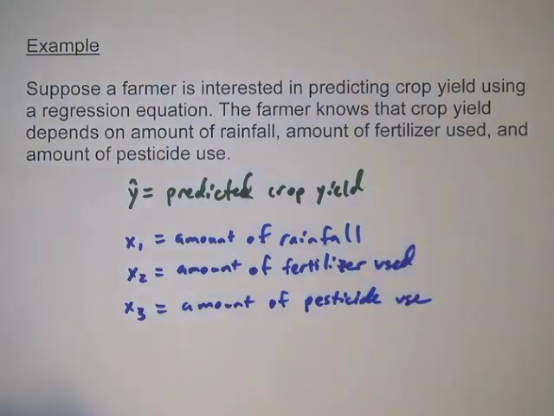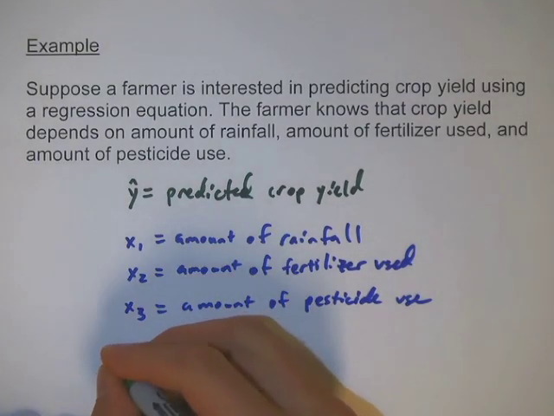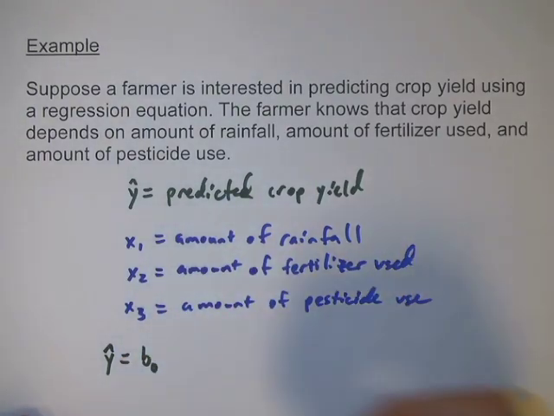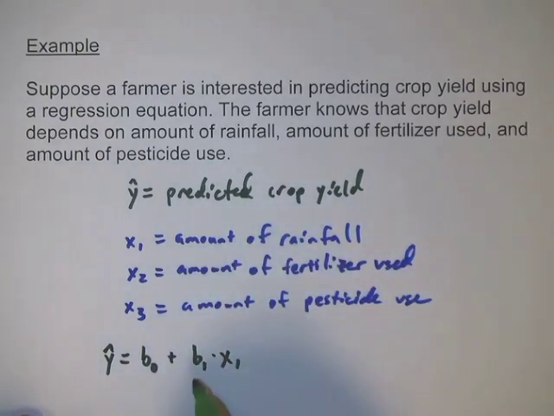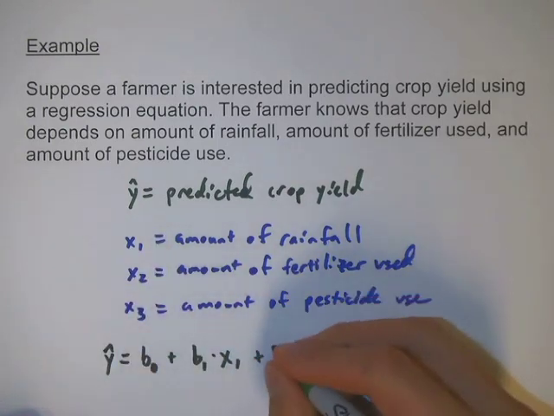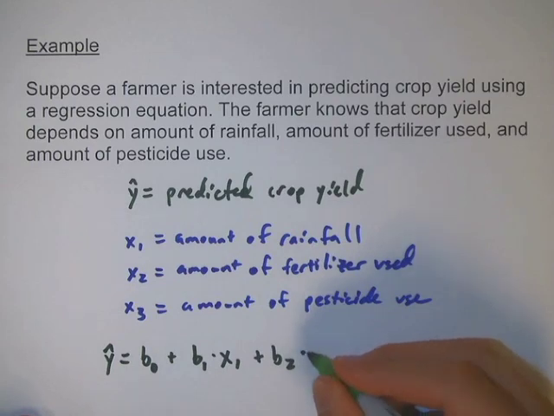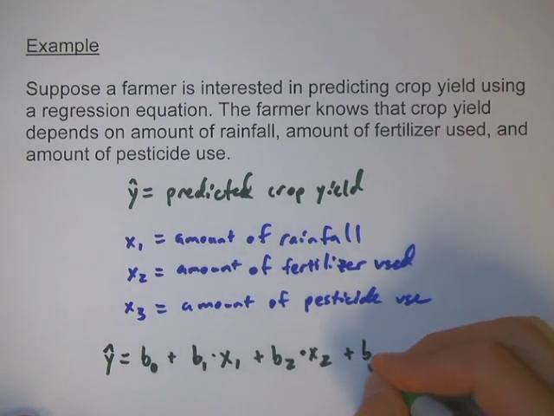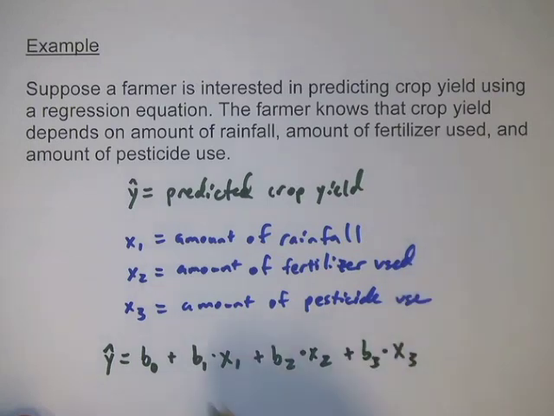Using some advanced techniques that we're not going to get into here, what we'll end up having is a y hat equation where you have some constant plus b1 times x1, so you'll get a value of b1 that you'll multiply by the amount of rainfall, plus b2 times x2, some coefficient you're going to multiply by the amount of fertilizer used, plus b3 times the amount of pesticide use.